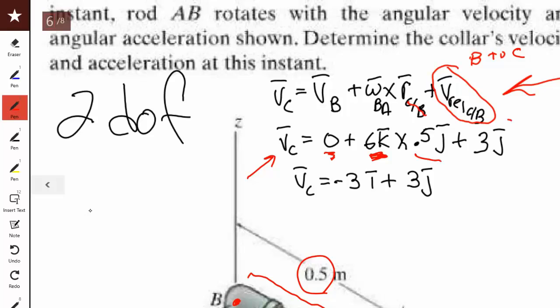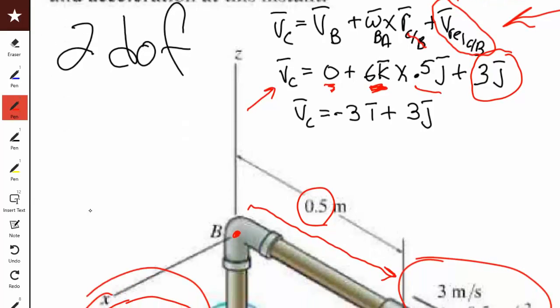Now the rel term is the new part right here. This is the rel term. So to get that, what you would do is you pretend like you're standing here on the pipe. Now you have to use your imagination, but if you were standing on the pipe, you'd look over at B. It doesn't look like B's going anywhere because it's at the end of the pipe.